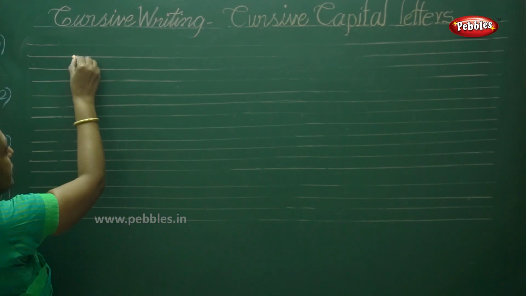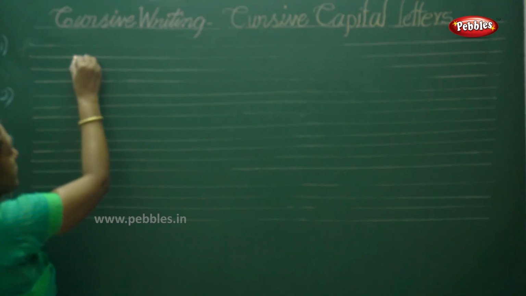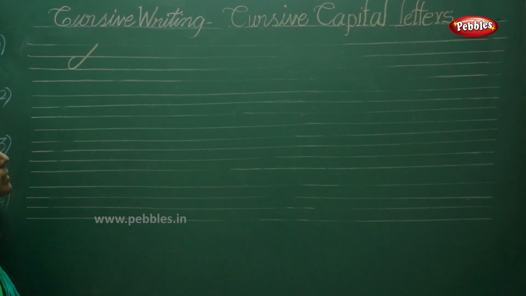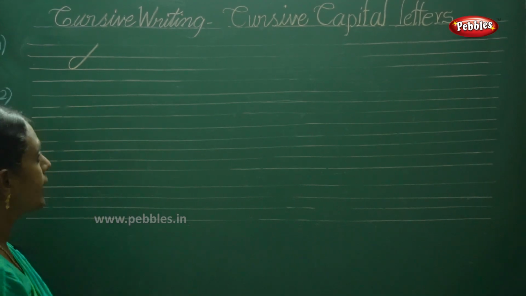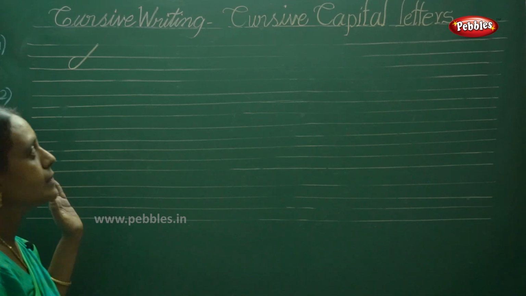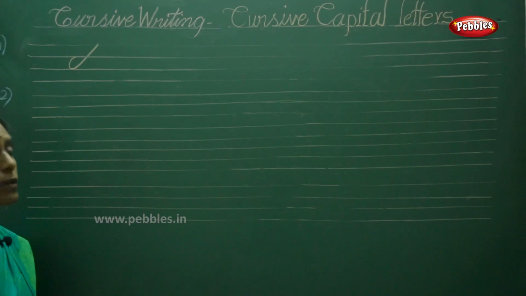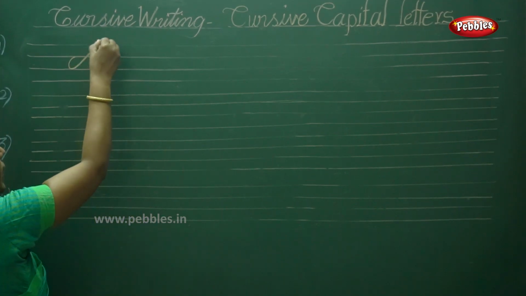We have to start from the top line. Draw a curve line, this stroke. All cursive capitals have their own style. It's a stroke from the top line to the ascender line.